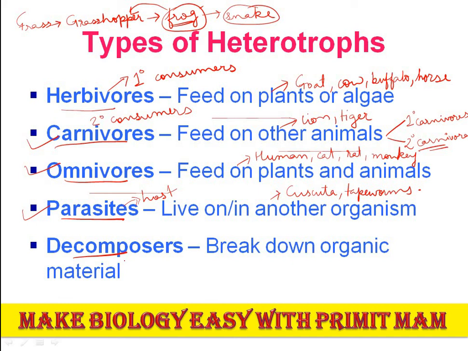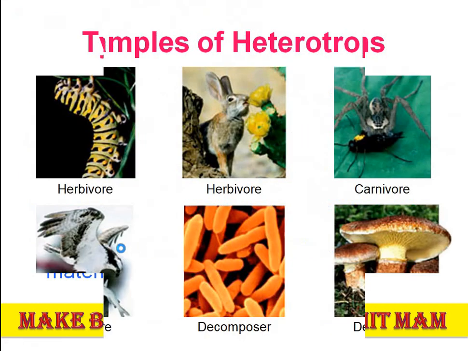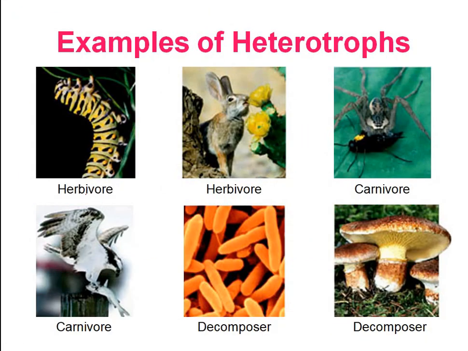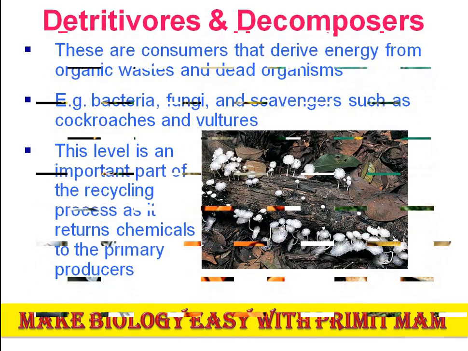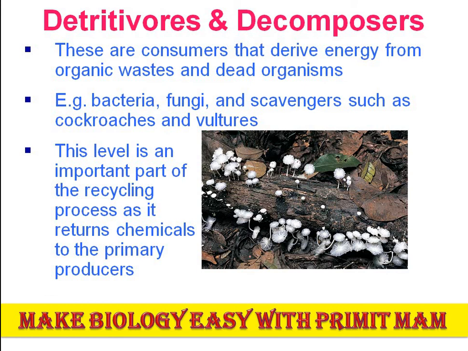Now decomposers. These are the examples of herbivore, carnivore, decomposers. Decomposers are the organisms which feed on dead bodies of producers and consumers.